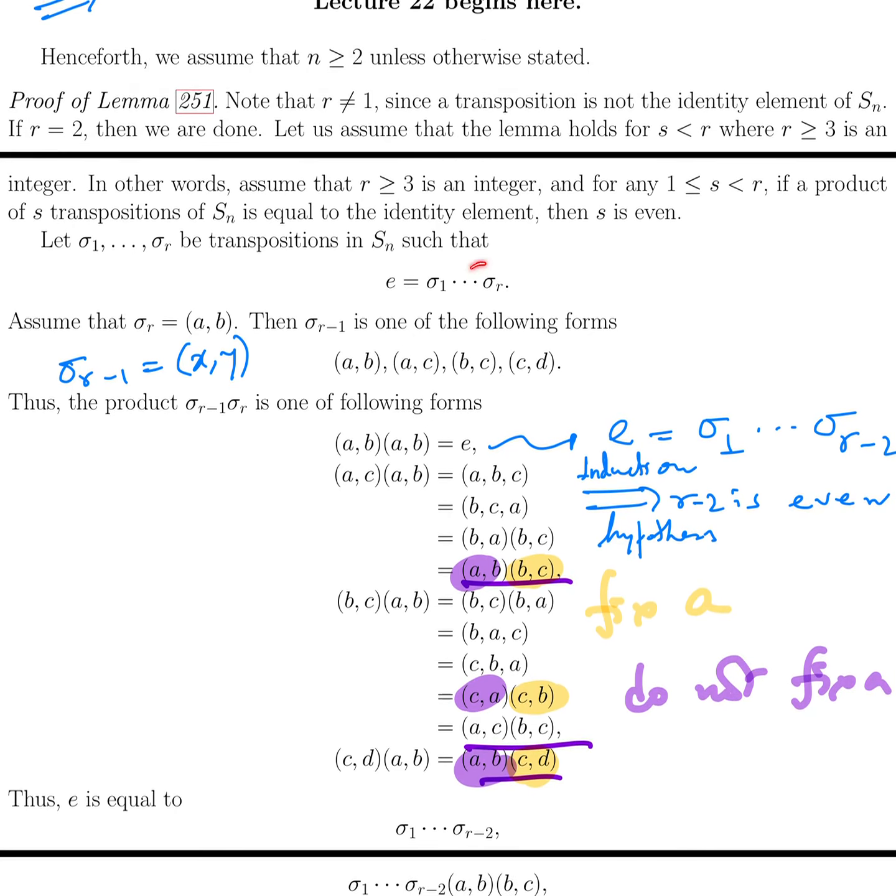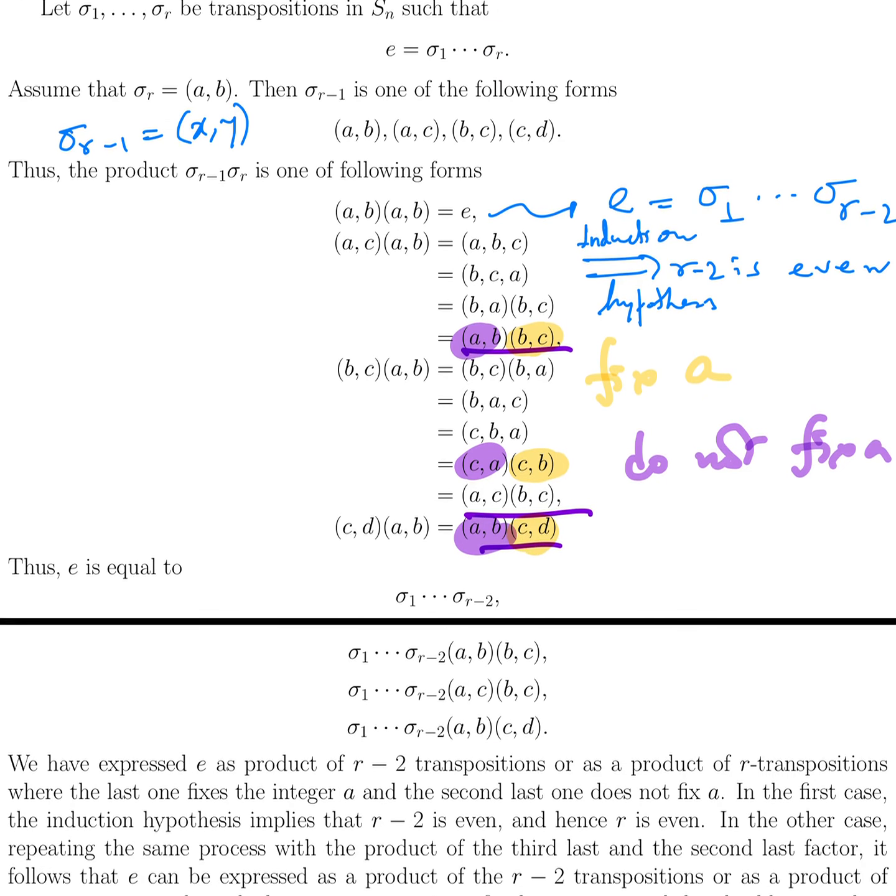So we had that sigma r is equal to AB, and now, of course, in the very specific case where sigma r minus 1 is equal to a comma b, then it turns out to be identity, and by the induction hypothesis we are done. And in the remaining three cases, we have expressed the product of the last two terms, sigma r minus 1 and sigma r, as a product of transpositions. What did I do? Just give me a moment.